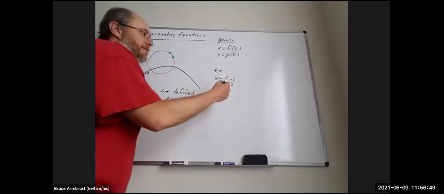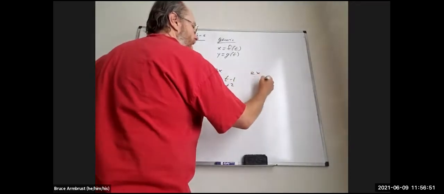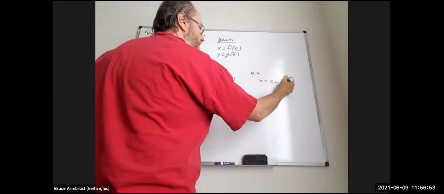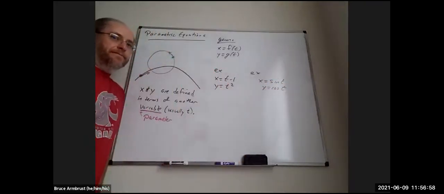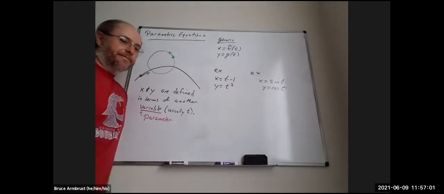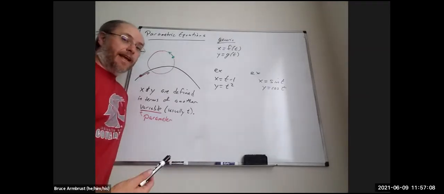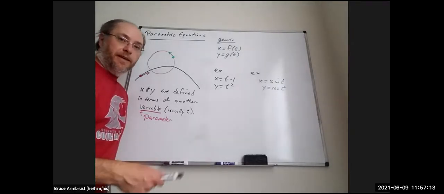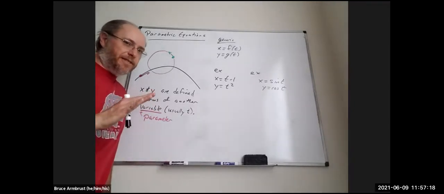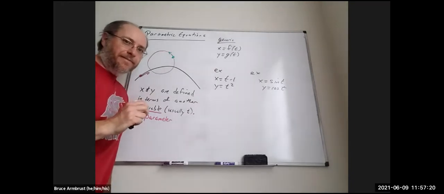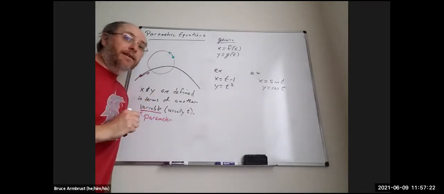All right, here's another one. We could have, say, x equals sine of t, y equals cosine of t. Okay, so there's another set of parametric equations that's going to define a different path, and our particle or object is going to be moving in a certain way. And I'm going to apologize, I always will say particle moving because it's my physics brain, right?